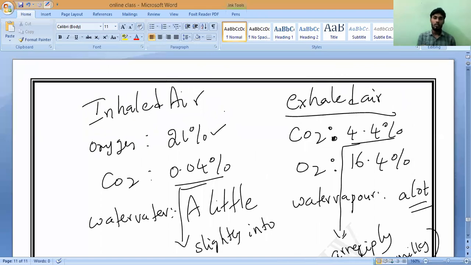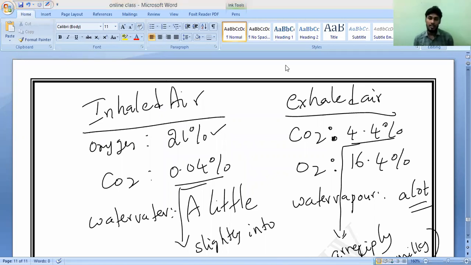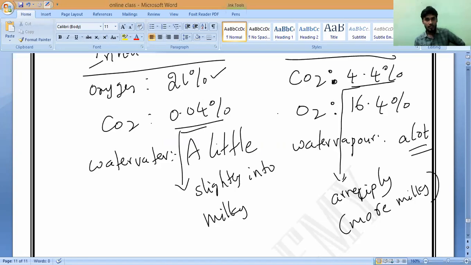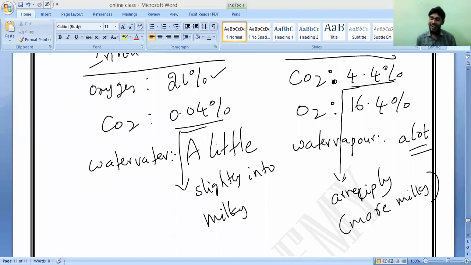This is most important, and MCQ questions may be asked on the carbon dioxide and oxygen percentages in inhaled and exhaled air. People may say exhaled air has only carbon dioxide. Is it true? No. Exhaled air also contains oxygen.